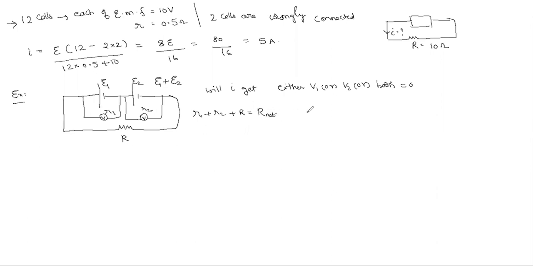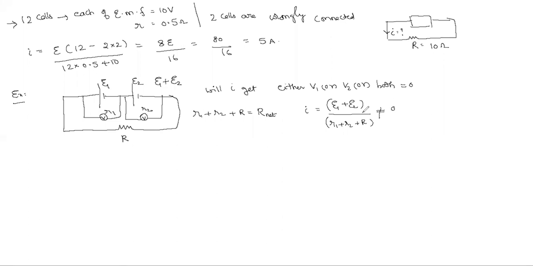Then how do you get I equals to 0 in this case? E1 plus E2, some positive value, by R1 plus R2 plus R, resistors are always positive. So positive by positive, I think you never get 0. Am I right? Yes sir. In this case, I is definitely not equal to 0.